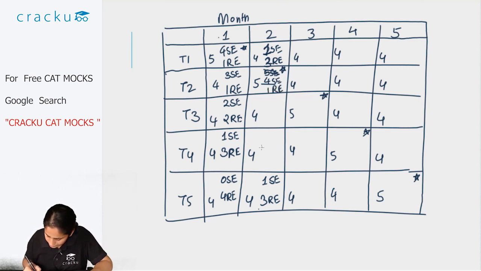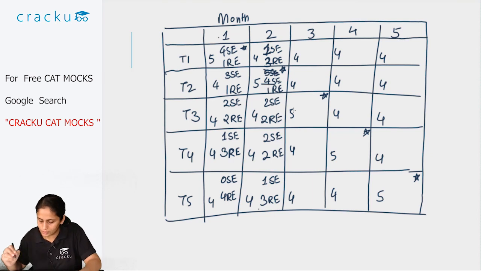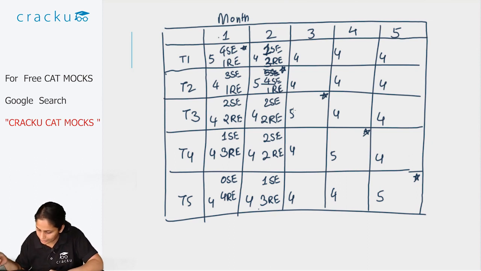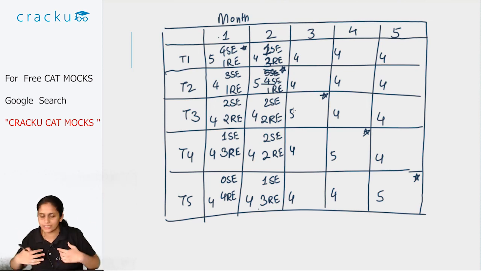And T4 will get an SE, so it will have 2 SEs and 2 REs. T3 has no change, so it will have 2 SE and 2 REs. So essentially at the end of the first month's exchange, in second month we have 1 SE 3 RE, 4 SE 1 RE, 2 SE 2 RE, 2 SE 2 RE and 1 SE 3 RE. So all changes have been done.